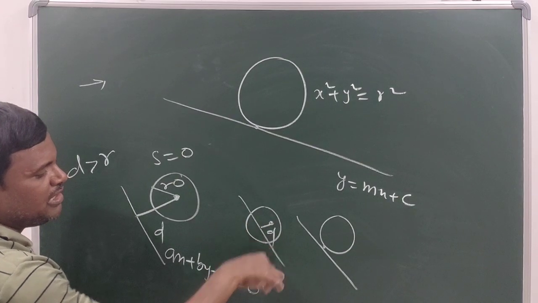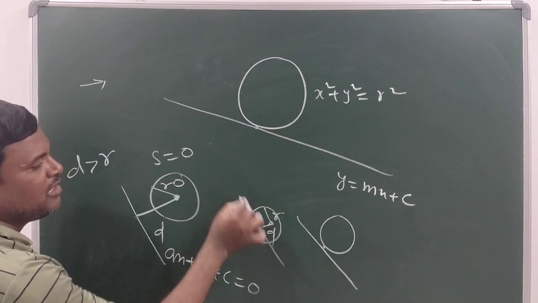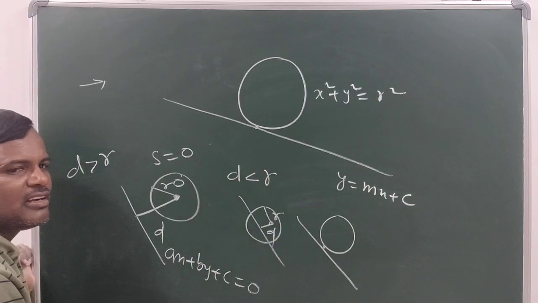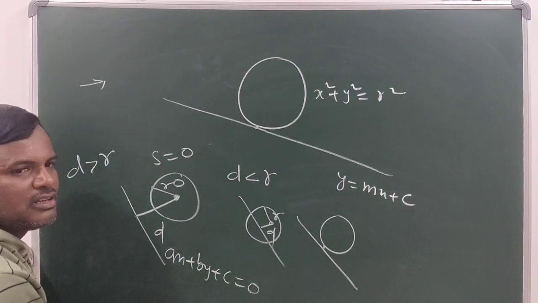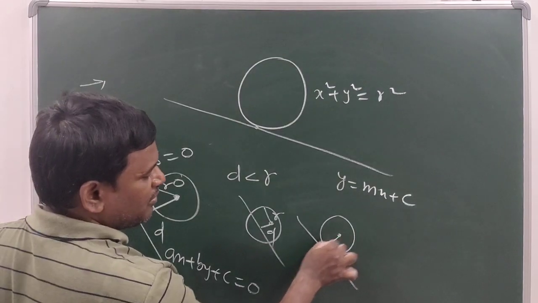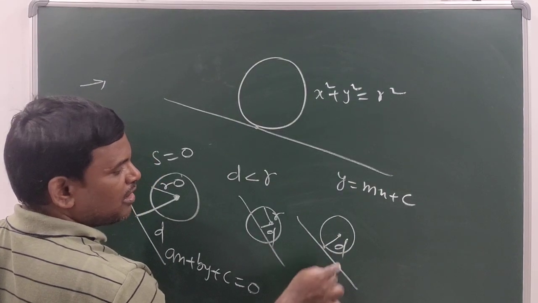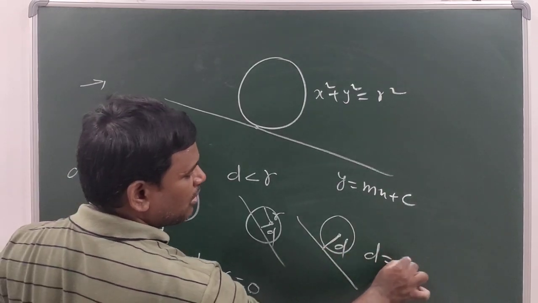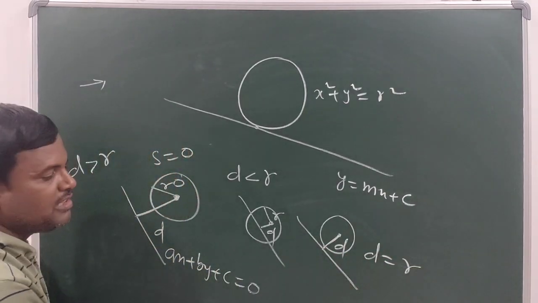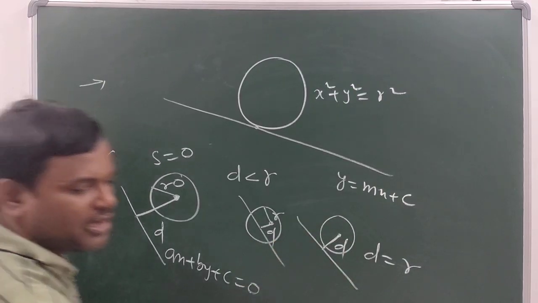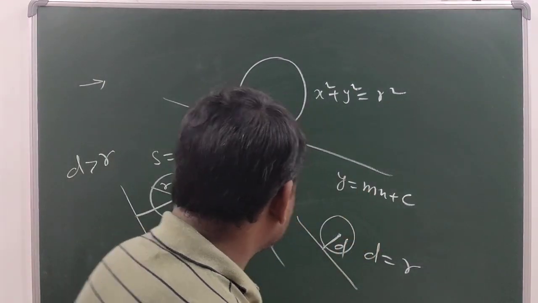If D is smaller than R, then that line is a secant. Here D means the perpendicular distance from the center to this line, and R means the radius. If D is equal to R, then this line is a tangent for this circle.